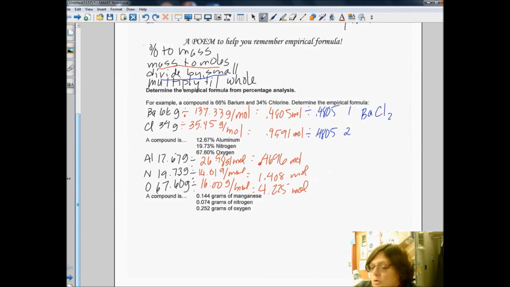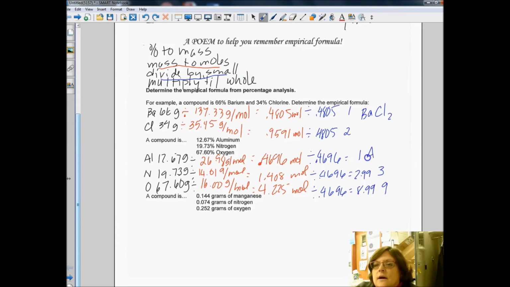The easiest way to make whole numbers is to divide by the smallest. The smallest is 0.4696, so obviously that's going to be a whole number of 1. If we divide 1.408 by 0.4696, we get 2.99, which rounds to 3. If we take 4.225 divided by 0.4696, we get 8.99, which rounds to 9.